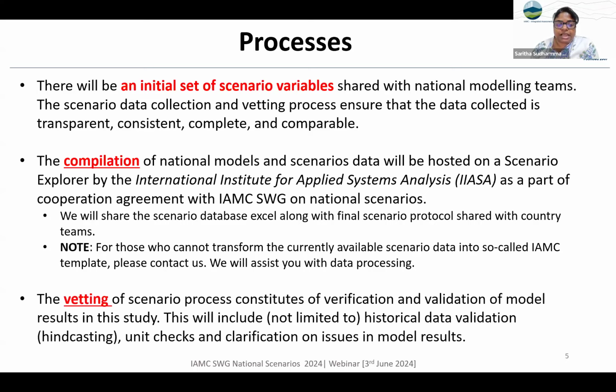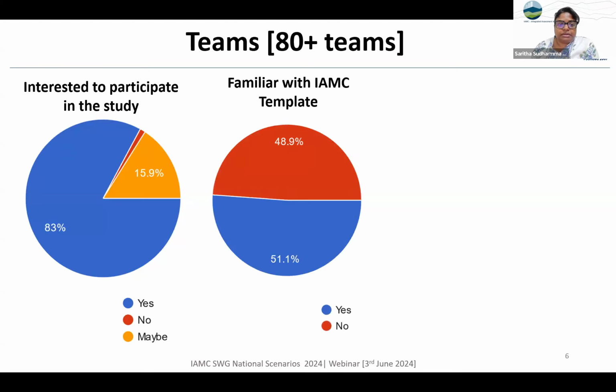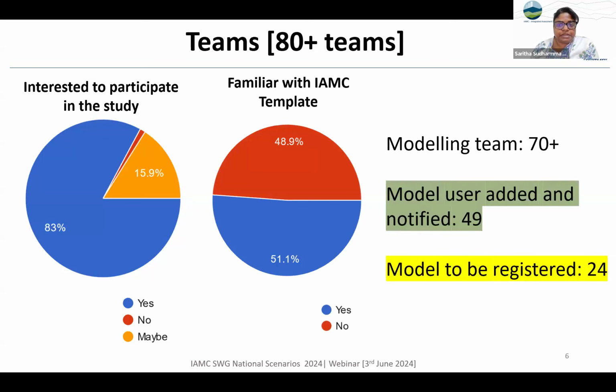We had an initial vetting process going on since May, and in the next 2 to 3 months, we'll have a proper vetting process going on for the scenarios that have been submitted. And just to give a brief, we've had more than 80 teams showing interest in the study, out of which more than 50% are familiar with the IAMC template.